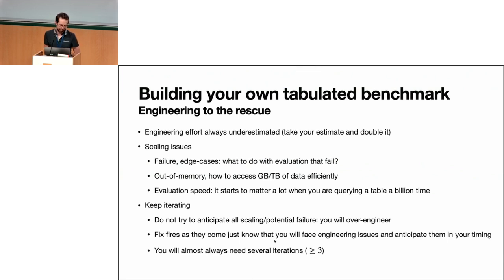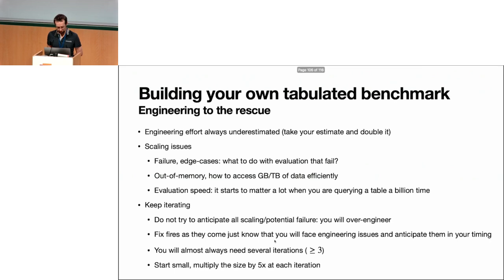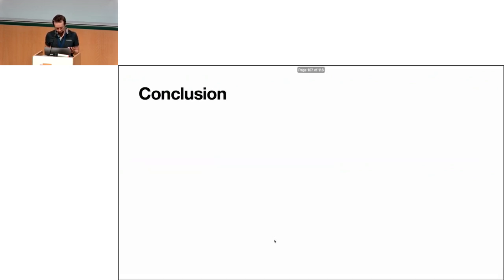In all the projects that I've seen, we needed at least 3 or 4 iterations until the end. I think in this case we needed 4. So it's good to start small. Don't spend all your compute in your first iteration, but increase progressively.